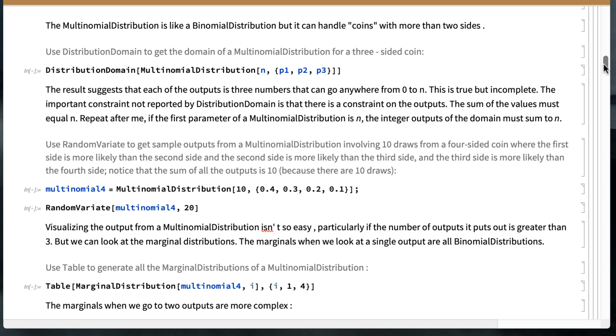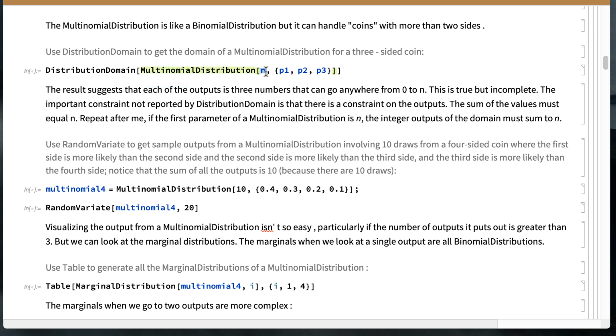Multinomial distribution. The multinomial distribution is kind of like the binomial distribution, but it handles coins that have more than 2 sides. That is, supposing we have a coin that has 3 sides somehow. And what we're interested in is what's the probability of the head, the tail, and, I don't know, the belly button. So we parameterize this much in the same way that we parameterize the binomial distribution.